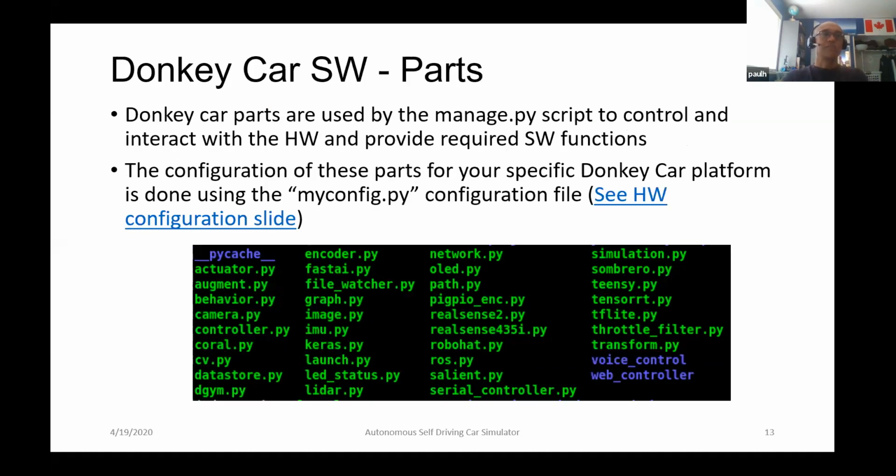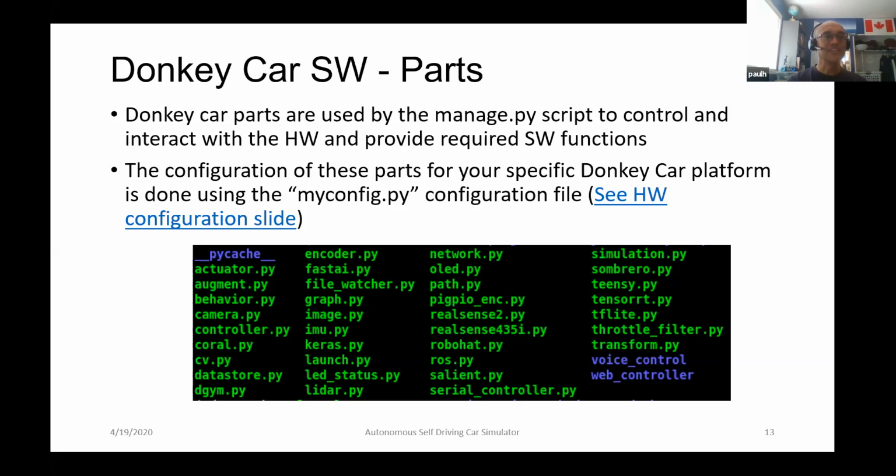Okay, going back to the donkey car software parts, like I mentioned before, if you go into the donkey car parts directory, you will see a lot of scripts for different hardware, as well as scripts for different functions, like the tub writer, which is the data store.